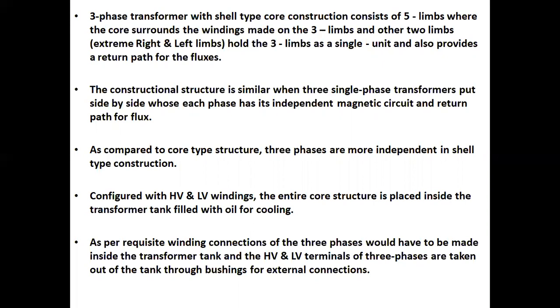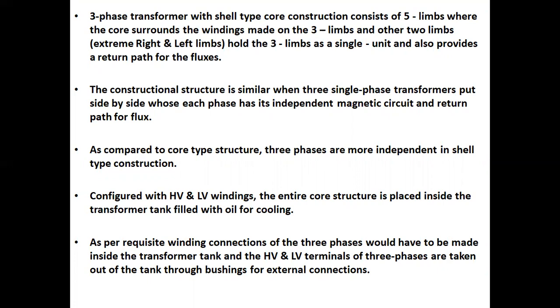As compared to core-type structure, 3 phases are more independent in shell-type construction. Configured with HV-LV windings, the entire core structure is placed inside the transformer tank filled with oil for cooling.